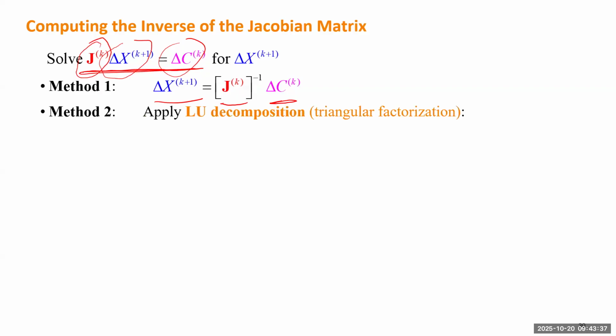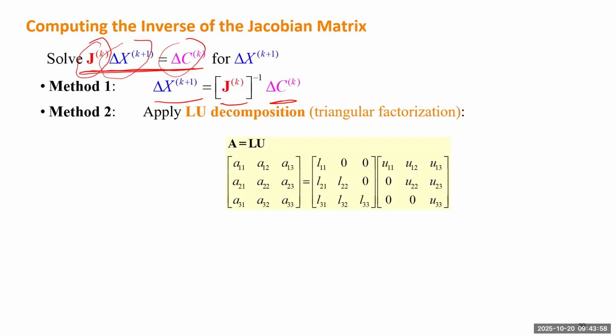So there is another method, commonly used by most power flow software, which is called LU decomposition. LU decomposition is another idea. The name is triangular factorization. L means the lower part of the matrix, and U means the upper part.